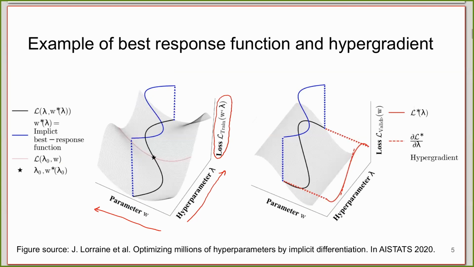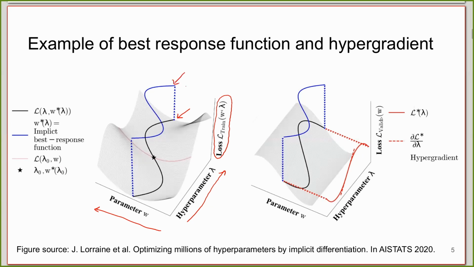For different values of lambda, you will have different optimal solutions for W. This is represented by this curve in black, which represents the minimizers of the training loss for a particular setting of lambda. As a function of lambda, the black line represents the minimum point that you obtain for W. And this is actually the best response function. This curve represents the optimal weights for a particular setting of the hyperparameters lambda, and we can represent this as this function in blue.